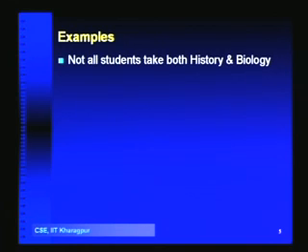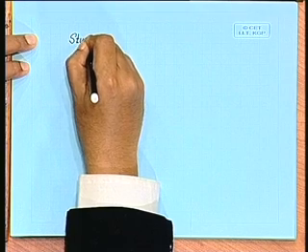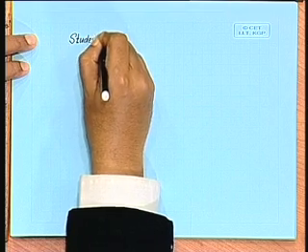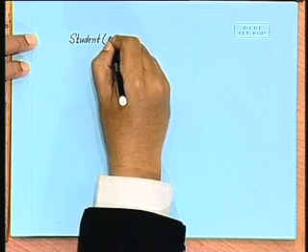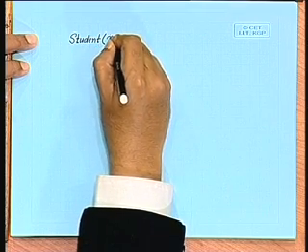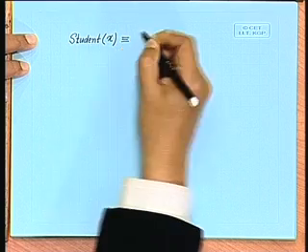So, there is some predicate which tells us whether a given x is a student, right. So, first predicate that we will define is student x.